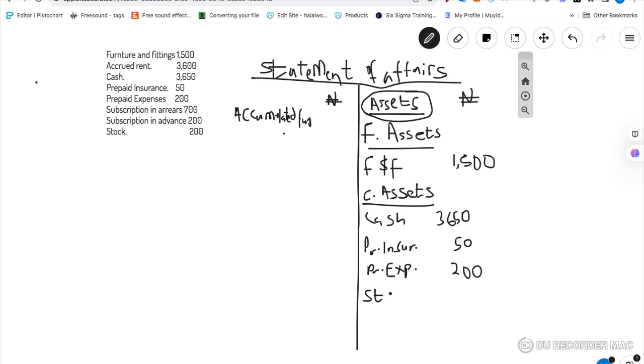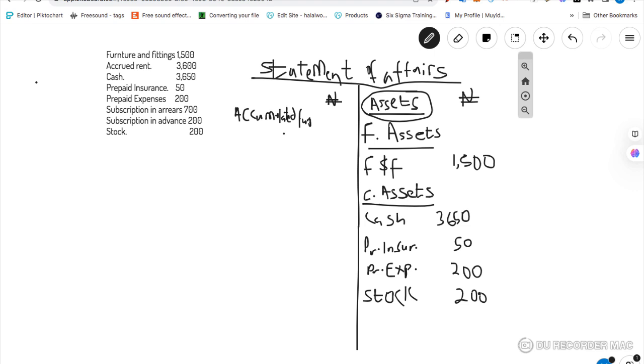Now we have subscription in arrears and subscription in advance. Subscription in advance means that the members subscribed ahead of time. That is, they have not really derived benefit for the subscription that they have made. So subscription in advance is a liability to the non-profit organization.